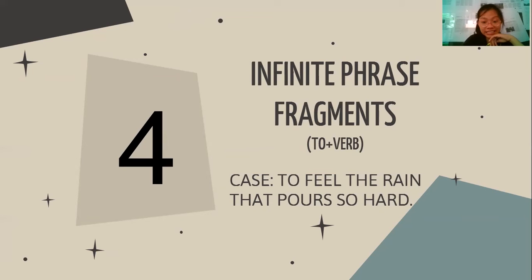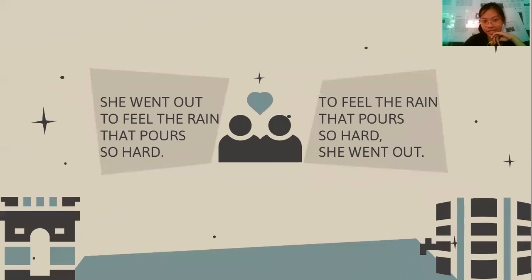And this is the case. To feel the rain that pours so hard. It's an error. How do you fix this? There are some ways to fix this. Like, she went out to feel the rain that pours so hard, or to feel the rain that pours so hard, she went out. Just rearrange it.